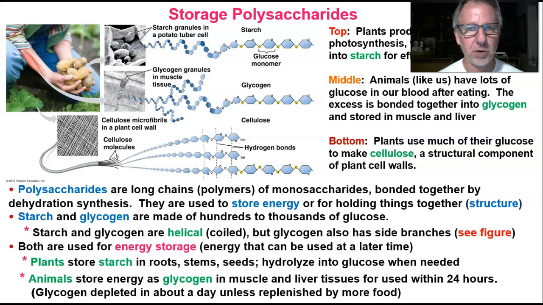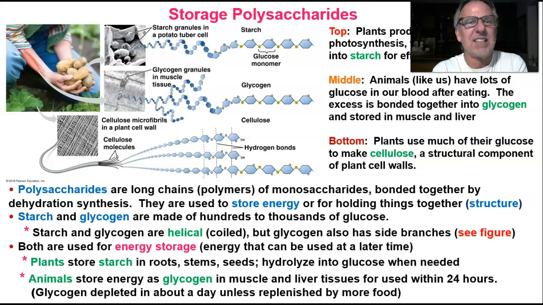Cellulose is also shown on this figure, but cellulose really belongs on the next slide because it's a structural polysaccharide that we find in plant cells to make the plant cells strong. So let's stick to starch and glycogen on this slide. Both of them are helical, which means that they're coiled, okay? And you can see in the very upper picture, somebody's holding some potatoes, and those potatoes are full of starch.